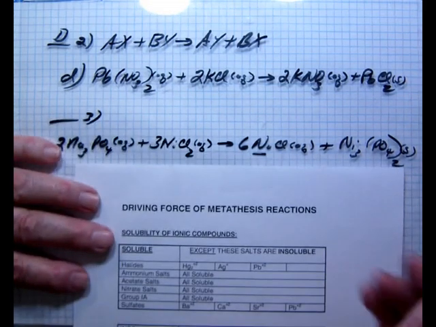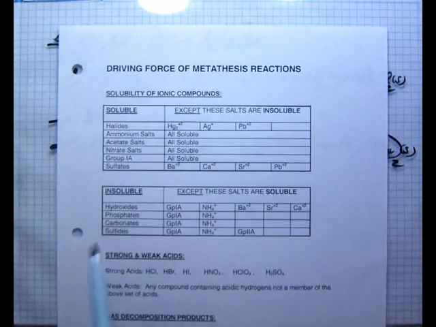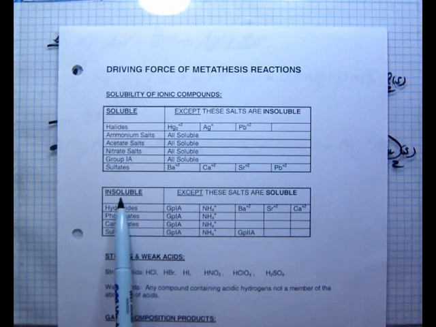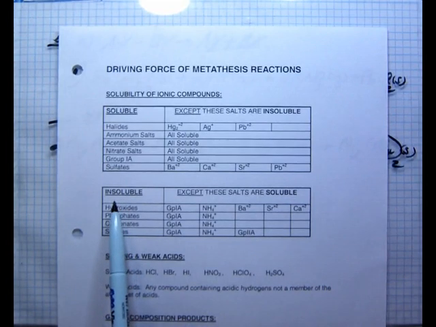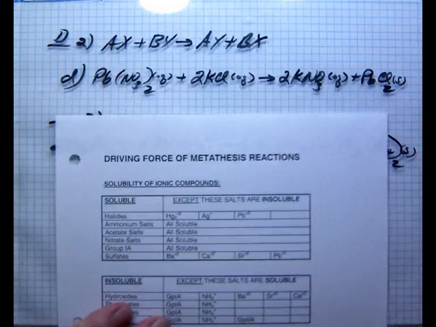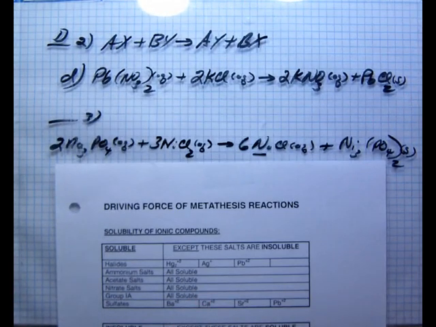But in this case, we have phosphates, and if we look at the second table, all phosphates are insoluble, which means that is a driving force or will precipitate, except for group 1A and ammonium phosphates. Well, that's obviously not an ammonium phosphate, that's a nickel phosphate.